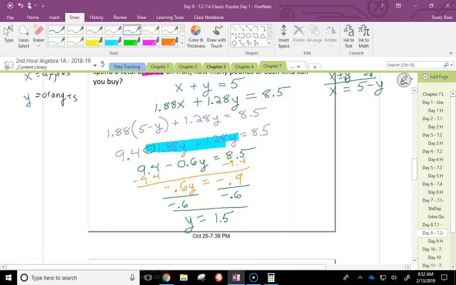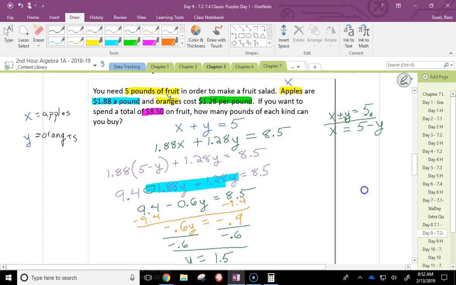Now, y is representing how many pounds of fruit? Can I buy 1.5 pounds of fruit? Yes. Well, I hope so. Yeah. So y is oranges. So I'm going to say 1.5 pounds of oranges.